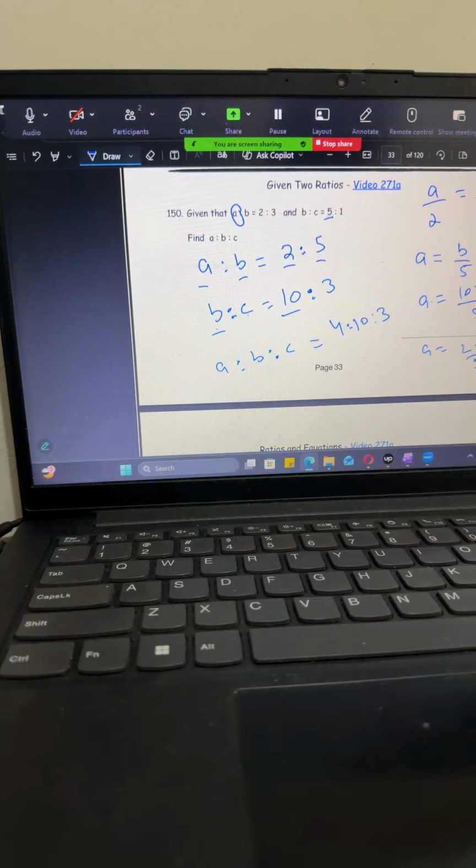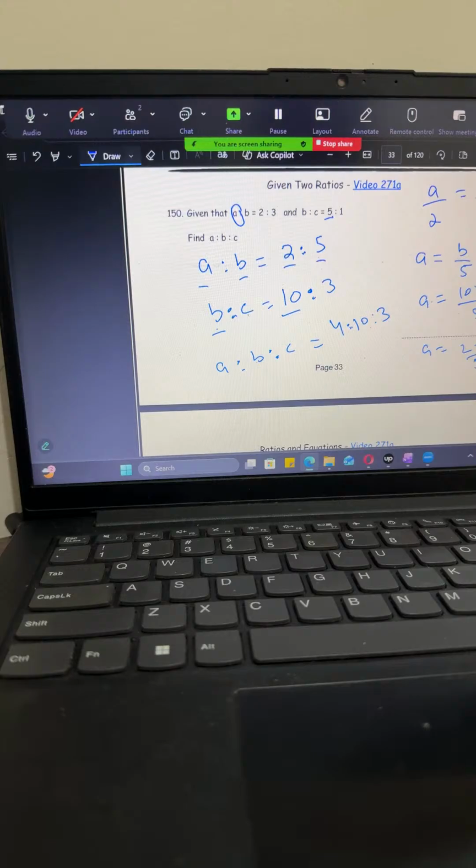Okay, can you explain to me what we did here? Hello, Yusuf. Can you explain to me what we did here? So, we had A to ratio B is equals to 2 ratio 5, right?